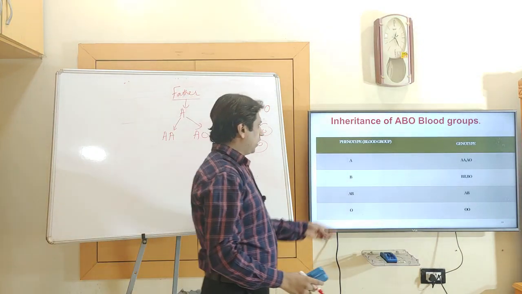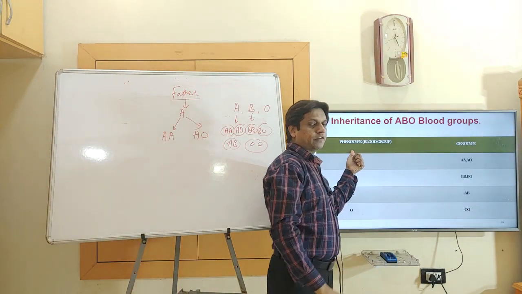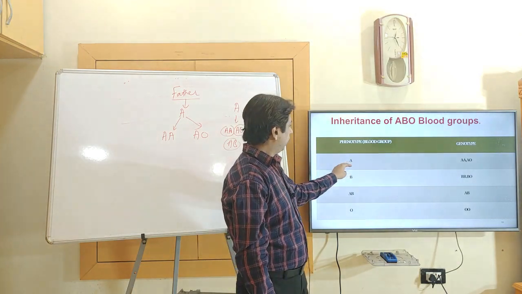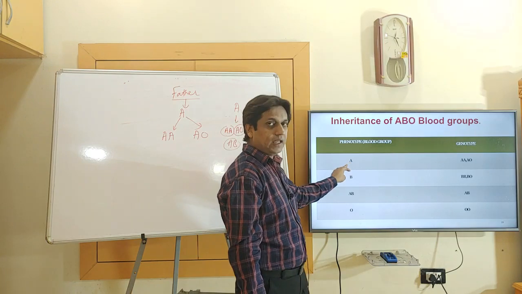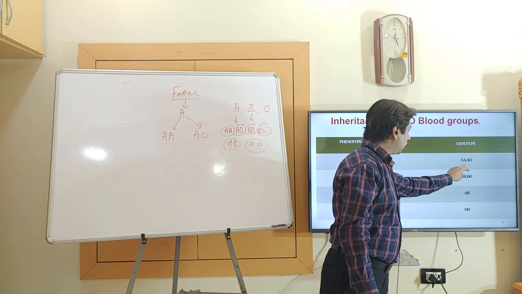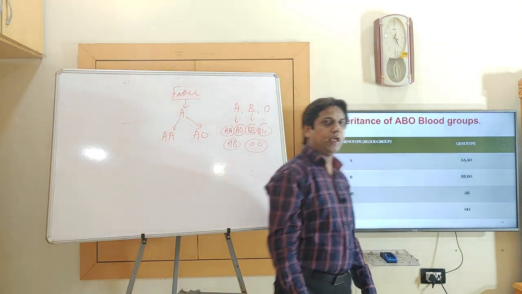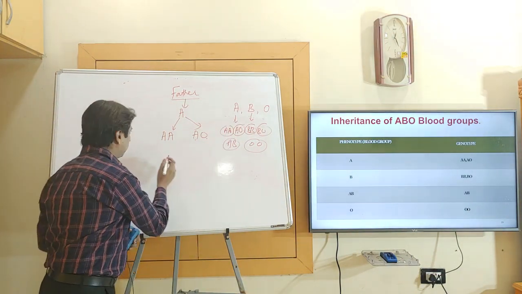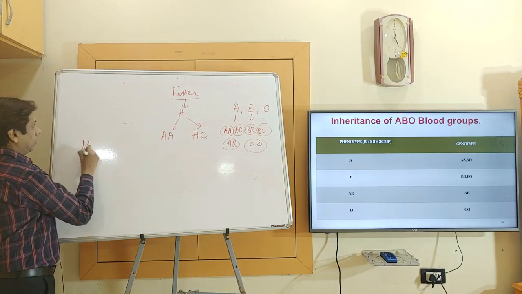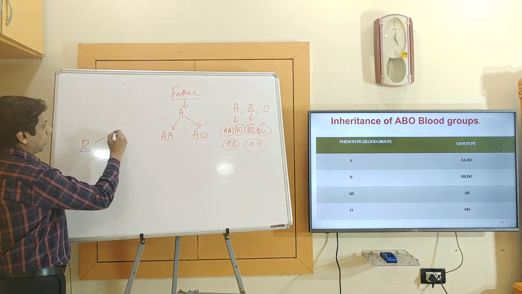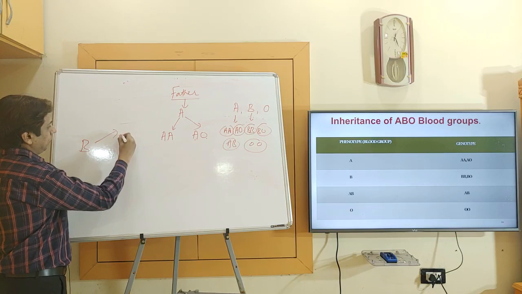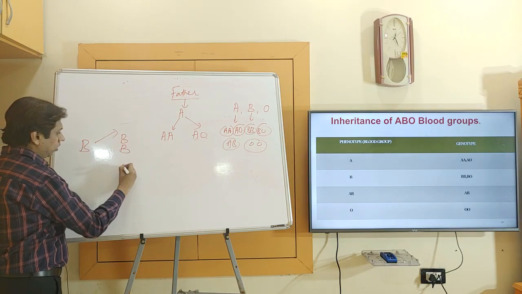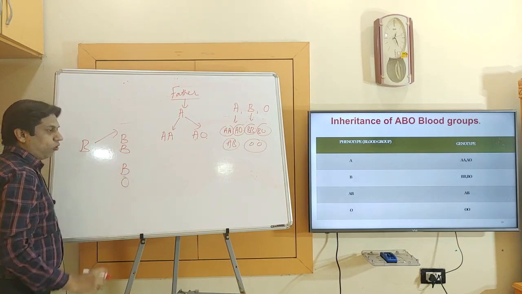Phenotype means the physical expression of a genotype. If a person has blood group A, the genotype will be either AA or AO. If a person has blood group B, then the genotype will be either BB or BO.